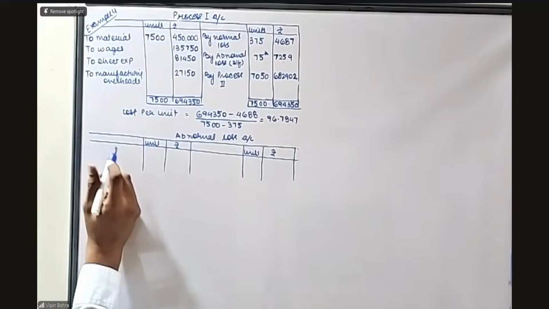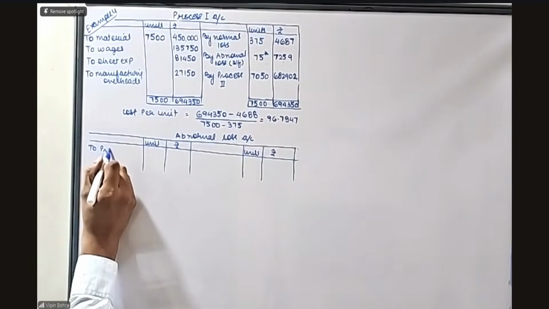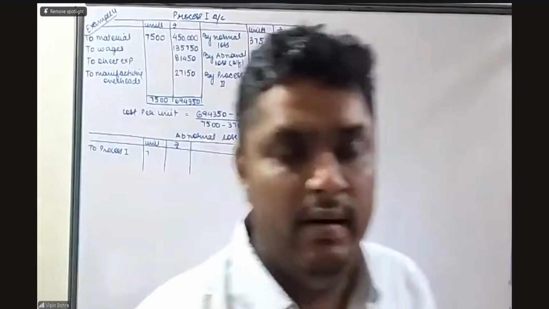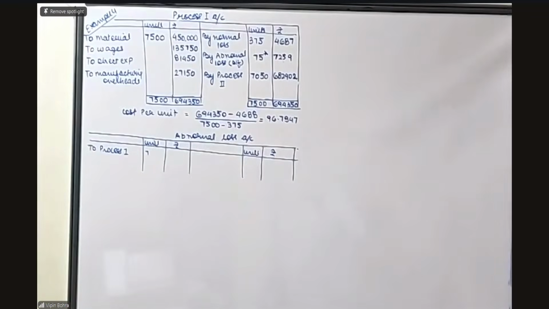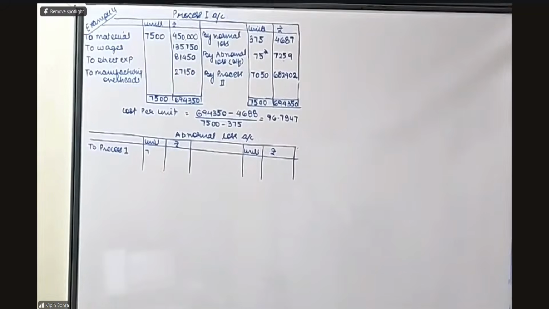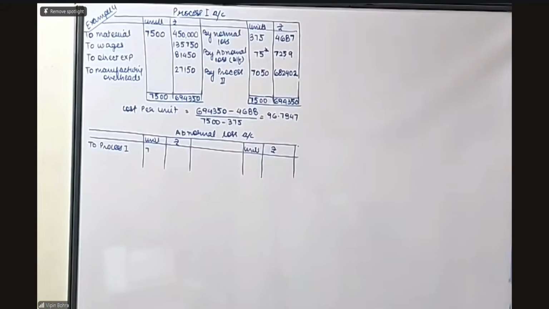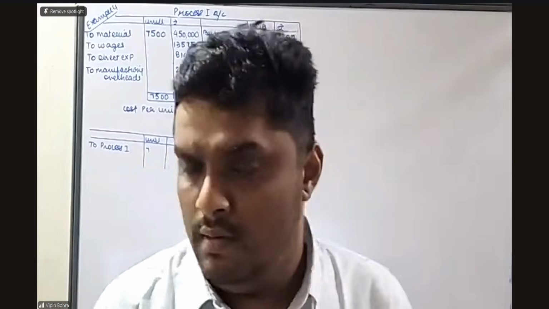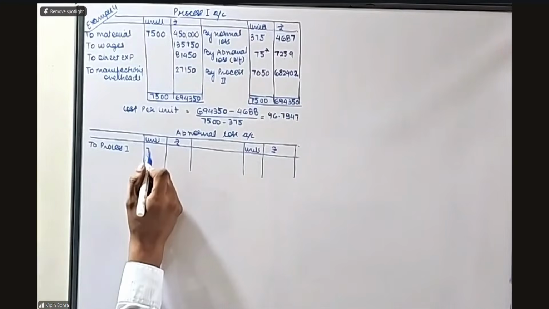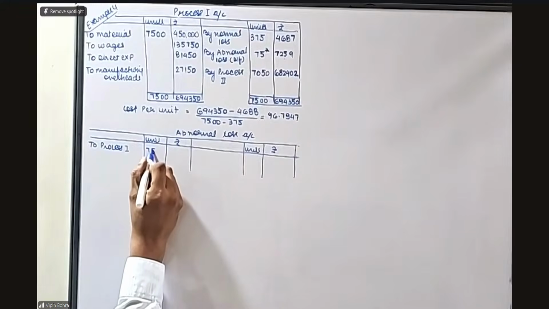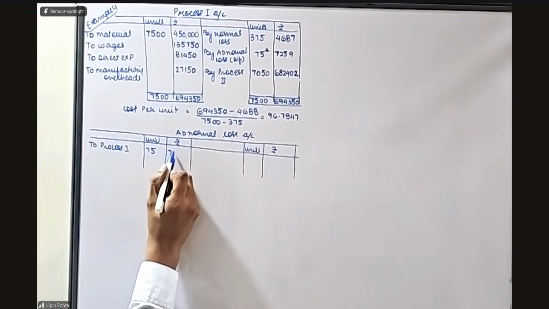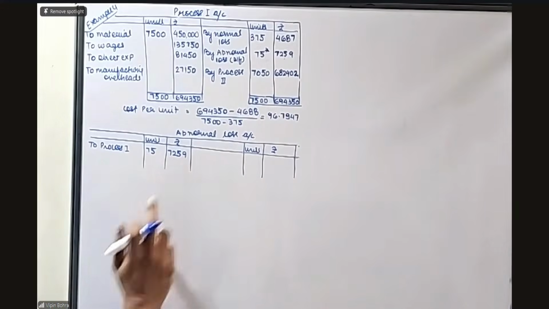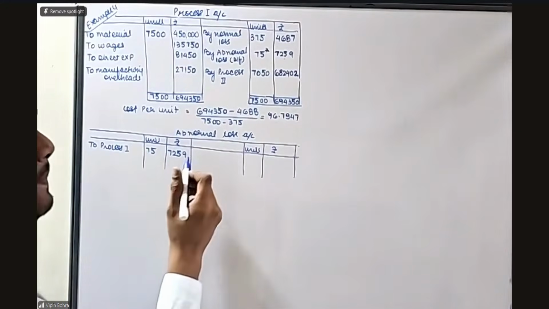So when talking about abnormal loss, it is to process first, 75 and 7259, the amount is transferred.